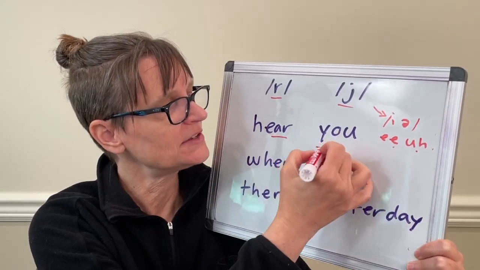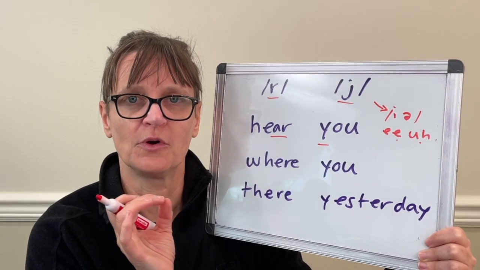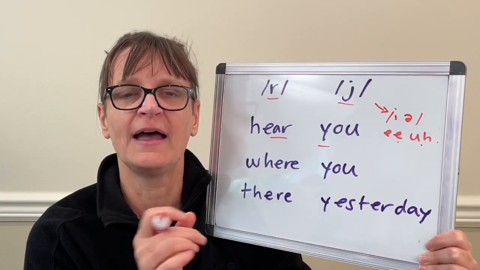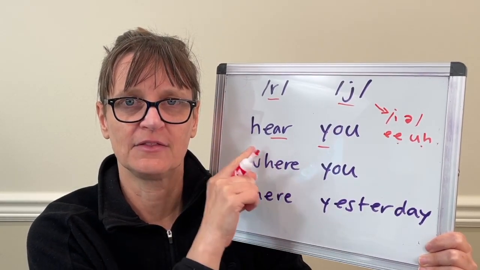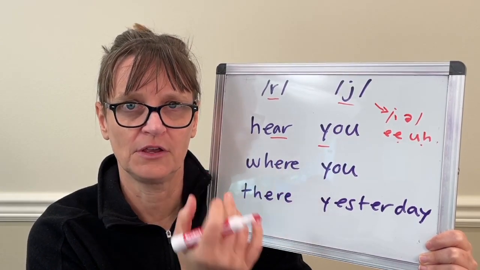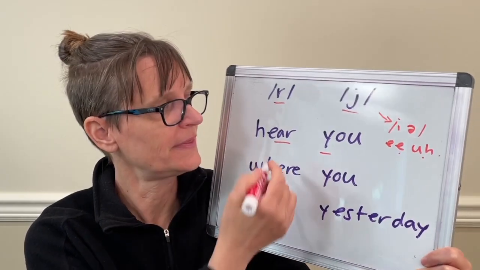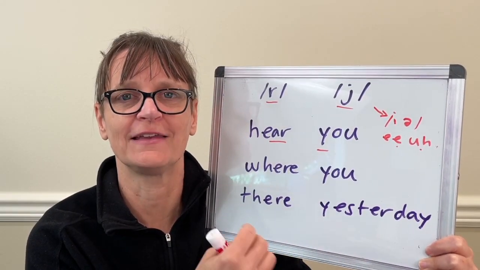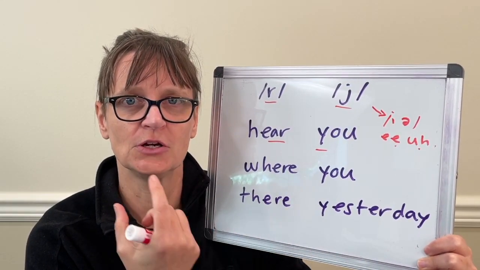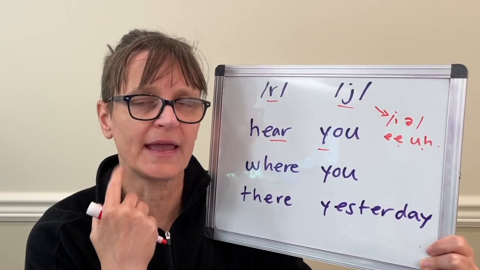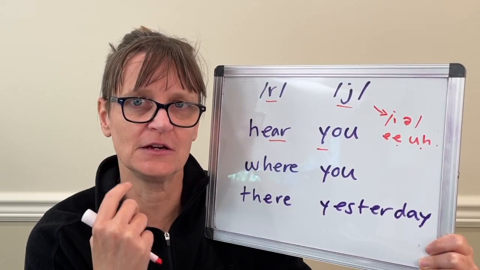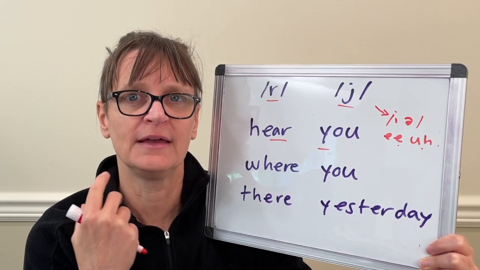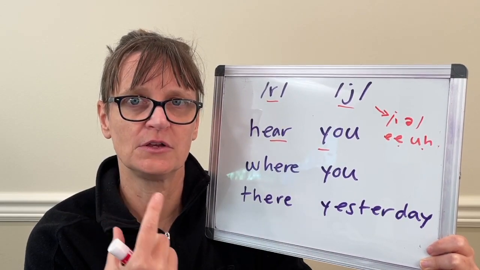What I'd say is, in this case, start with the word you, and then try adding in just the R sound, you. Then add ear, you. Finally, hear you. So I can move fairly smoothly between ear and you, hear you.